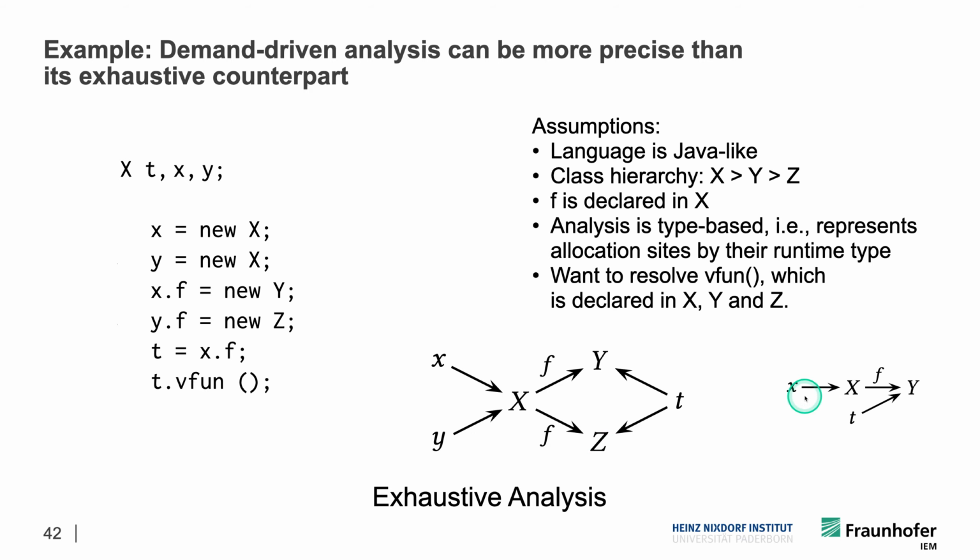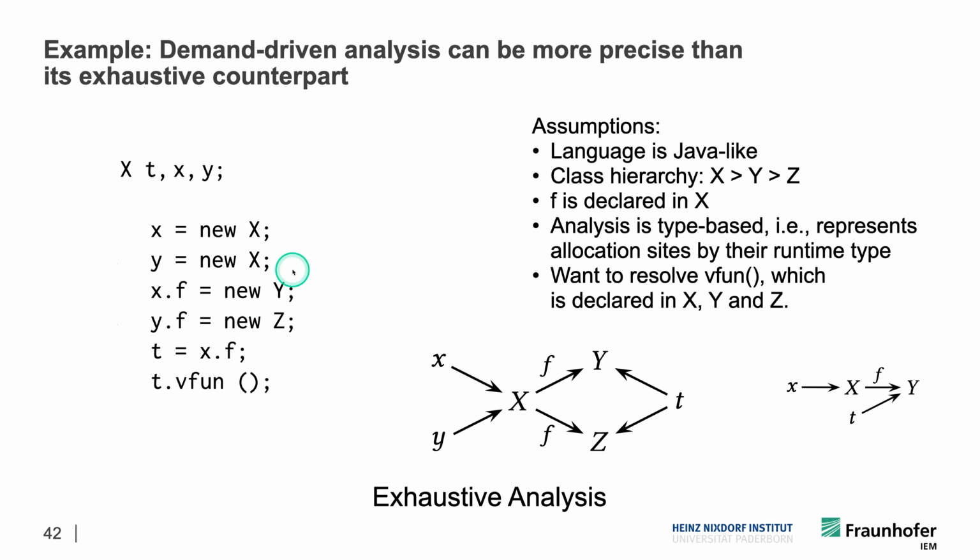And so the problem that you have here, if you look into this closely, is that we're actually considering alias relationships that, in this particular program, using this particular representation, are possible, right?